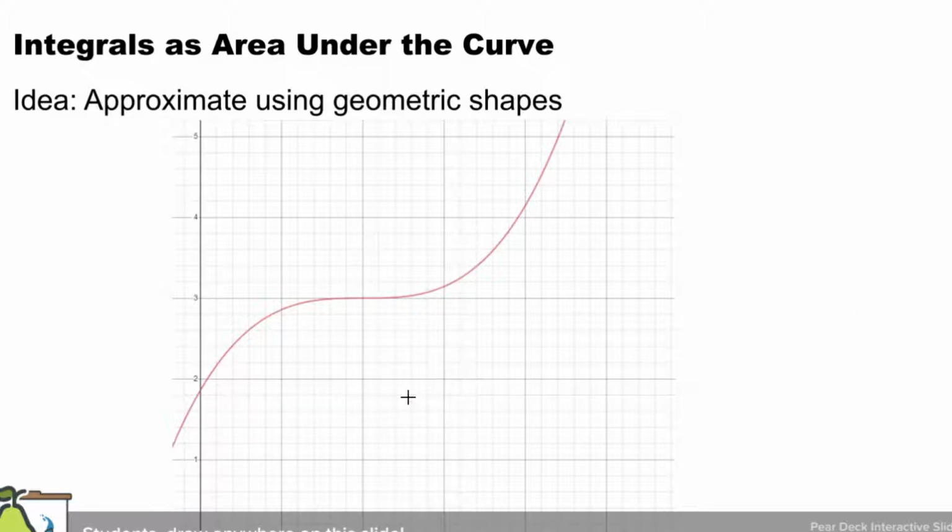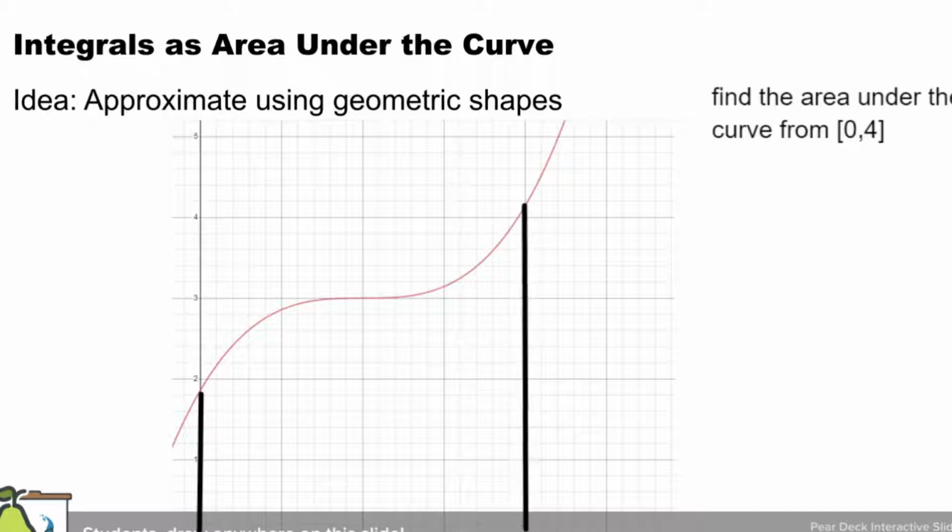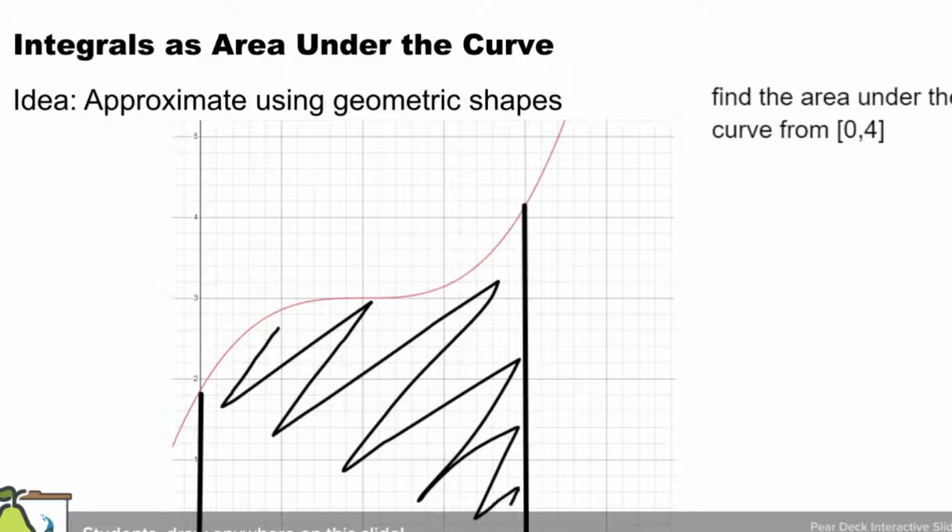If I were to say I want the area under the curve from 0 to, let's use notation, 0 to 4, then we would start at 0, bind it to the x-axis, move up to 4, bind it to the x-axis, and then we're looking for all of this area over here.